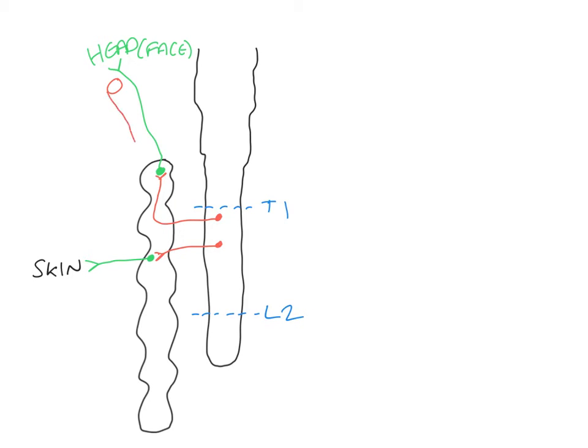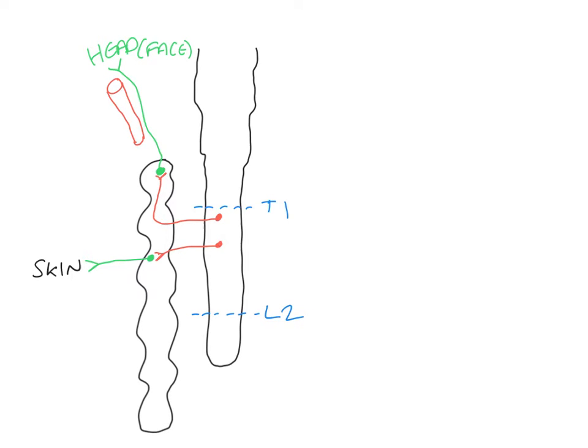So in order for us to get a sympathetic innervation to the face, what happens is that the sympathetic preganglionics from around the T1 level ascend through the sympathetic chain, synapse right at the top, and then they send branches directly out of the sympathetic chain onto blood vessels, and they then distribute along the blood vessels. So it's the postganglionics which distribute along blood vessels.